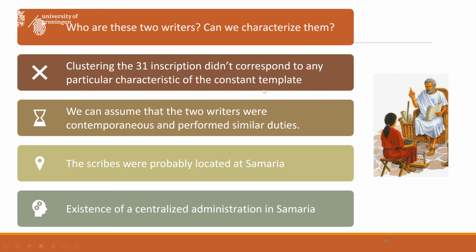So we concluded that probably those writers were contemporaneous, and they were probably seated in the gate of Samaria, documenting the commodities that were brought to the capital city. And this has something to do with the central administration, which was probably existing in Samaria.